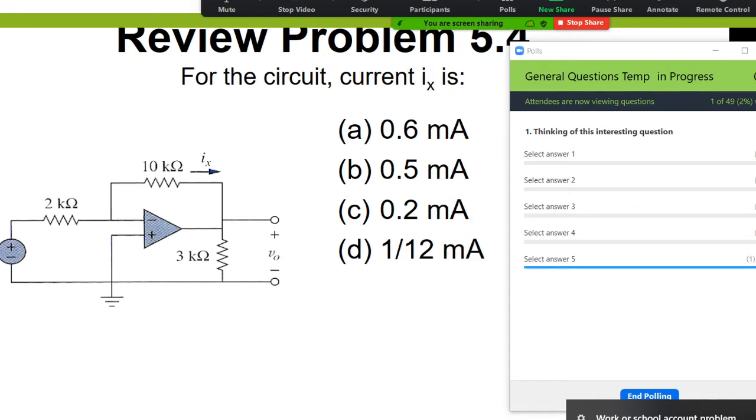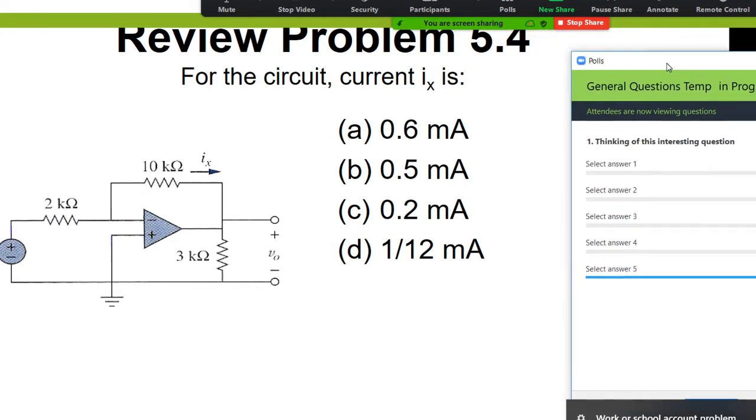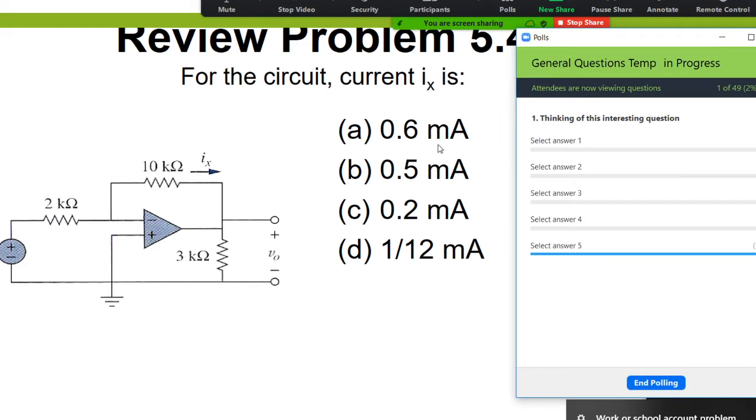So for this one, what's Ix? Can you calculate the current? This one is still an inverting amplifier, right? So in that case, what's the gain? The gain is -5. In that case, what's Vo?